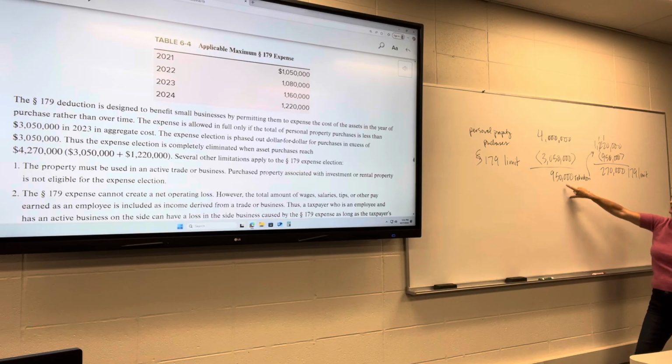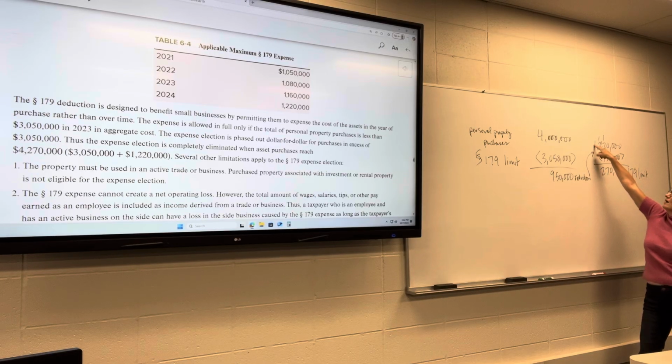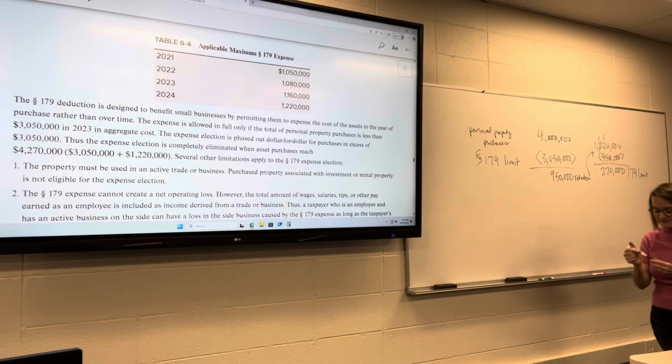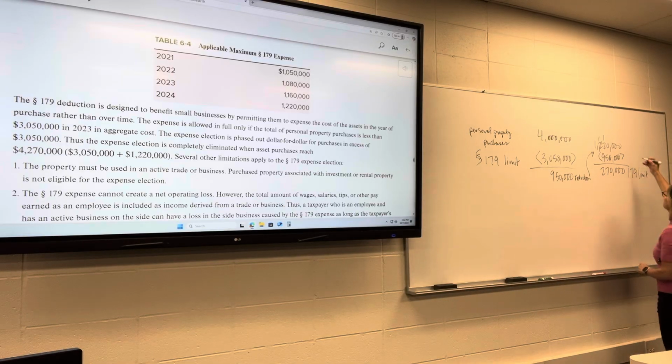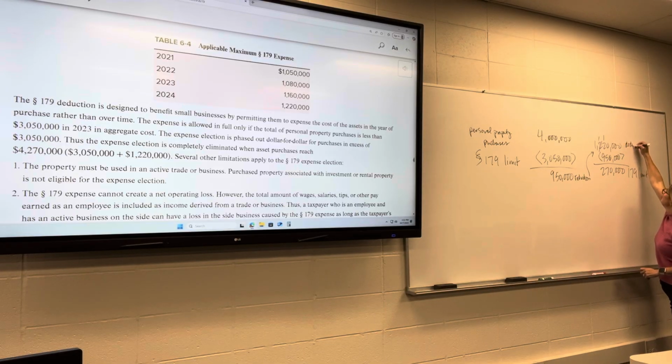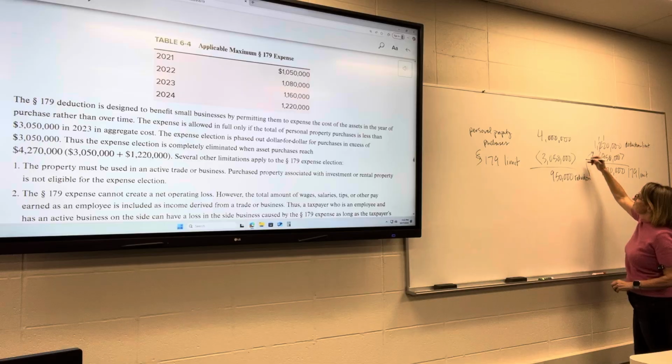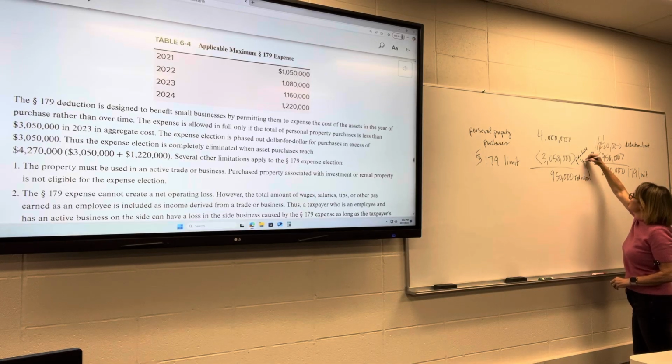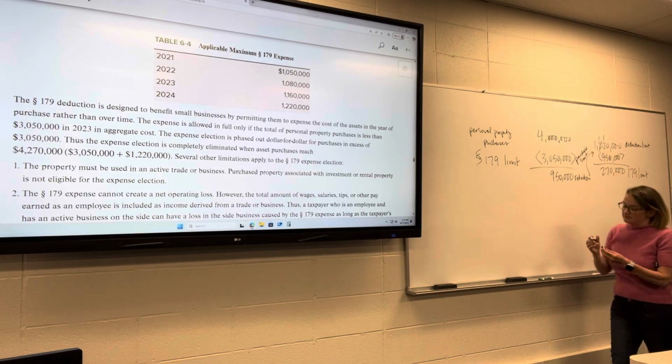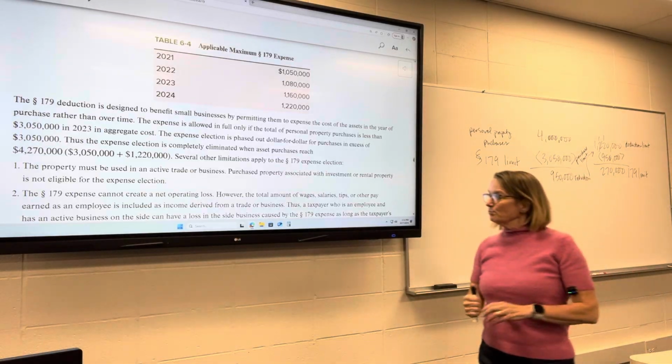And then we take that reduction, this is our reduced amount, we subtract it from that maximum 179 deduction. So this is a deduction limit, and this is a purchase limit. So there are two steps to that process.